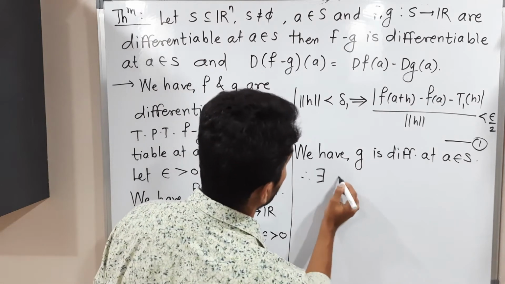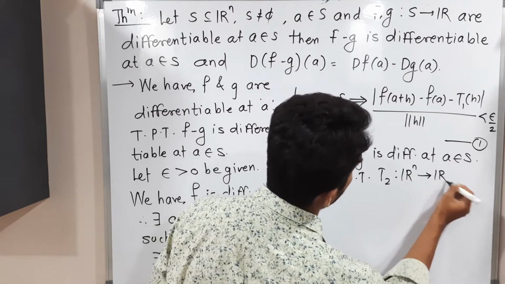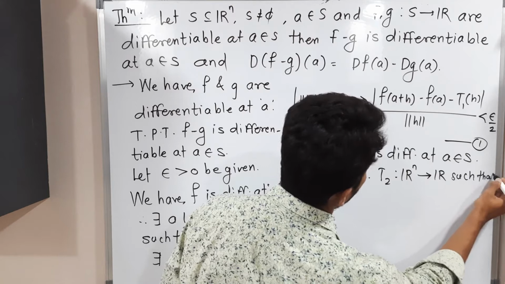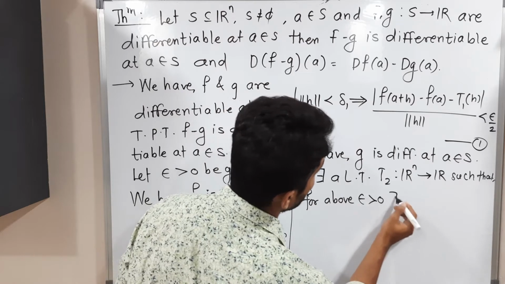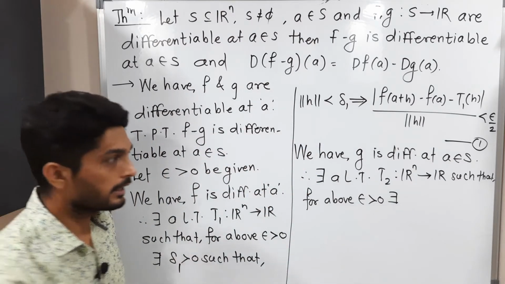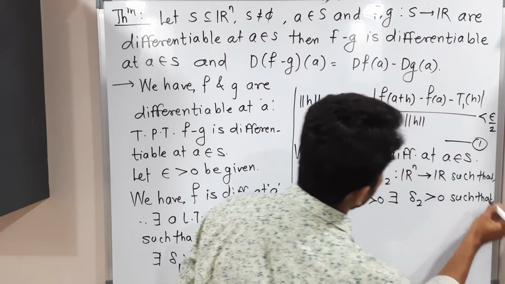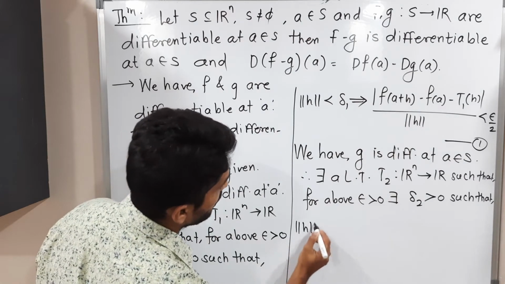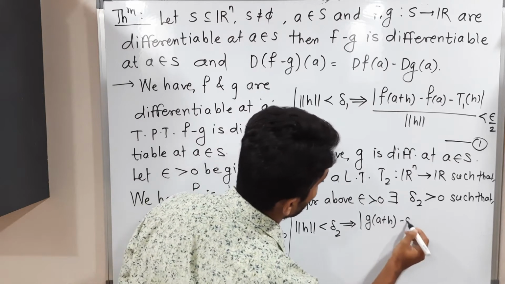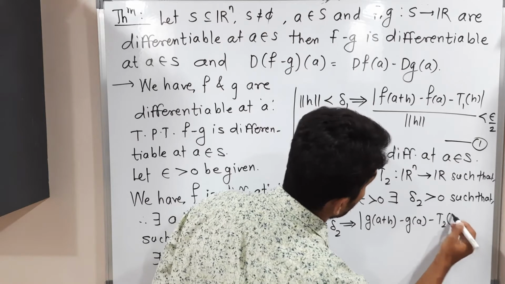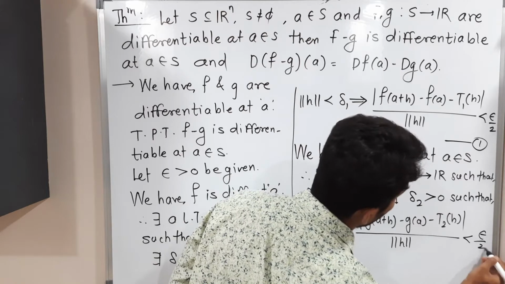There exists a linear transformation T2 from Rn to R such that for above epsilon greater than 0 there exists delta 2 greater than 0 such that norm h less than delta 2 implies mod g of a plus h minus g of a minus T2 of h divided by norm h less than epsilon by 2.